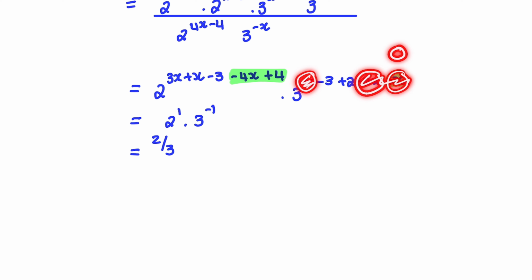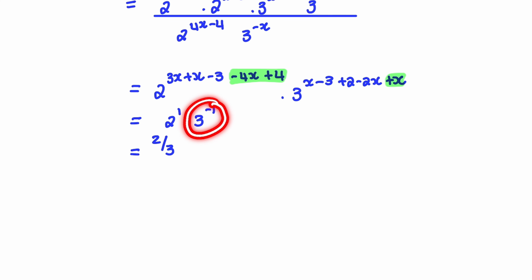And then we are left with negative 3 plus 2, which is 3 to the power of negative 1. And remember, in algebra, we don't want to leave our answer with negative exponents, so we can move this 3 to the power of negative 1 below the line, and that becomes our denominator. So our final answer is 2 over 3.